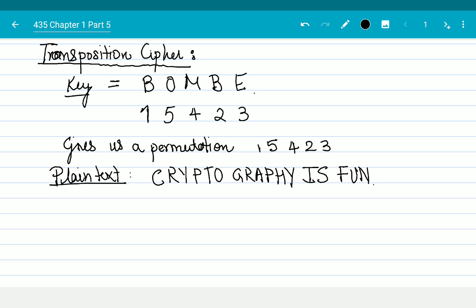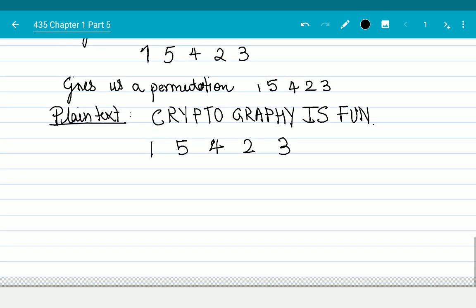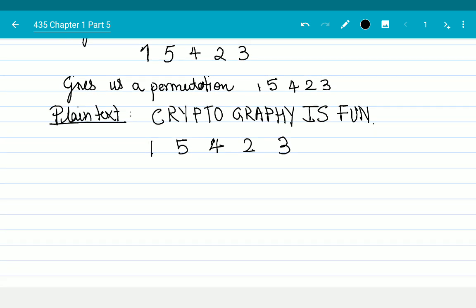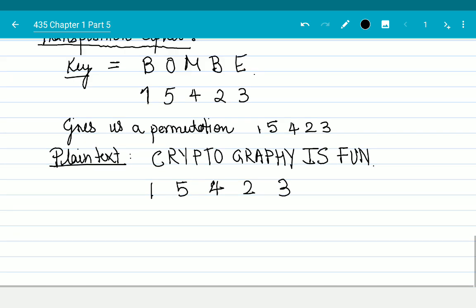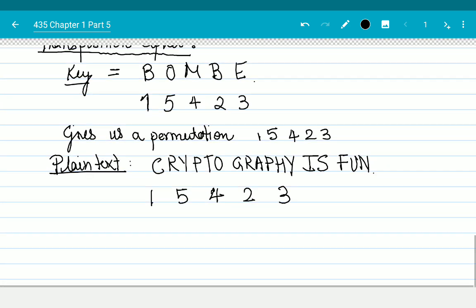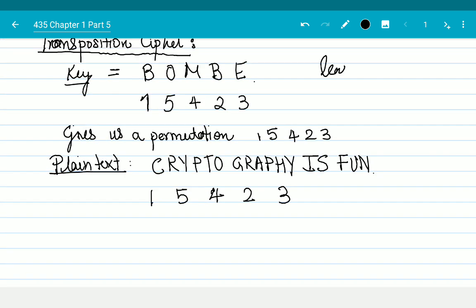The idea is you write it down in columns using your permutation. You make as many columns as the length of your key, so L is equal to 5. Make 5 columns.